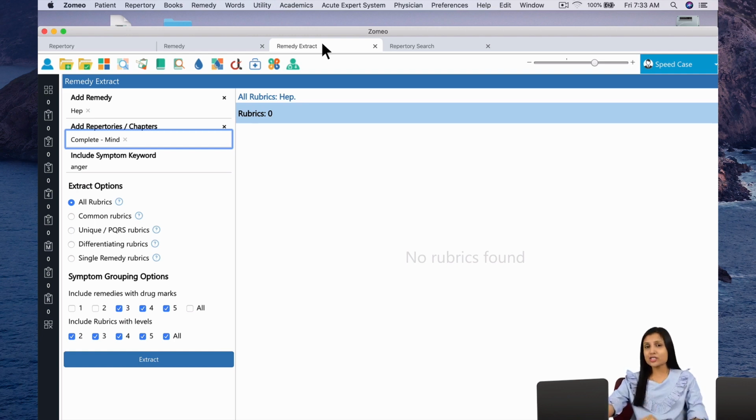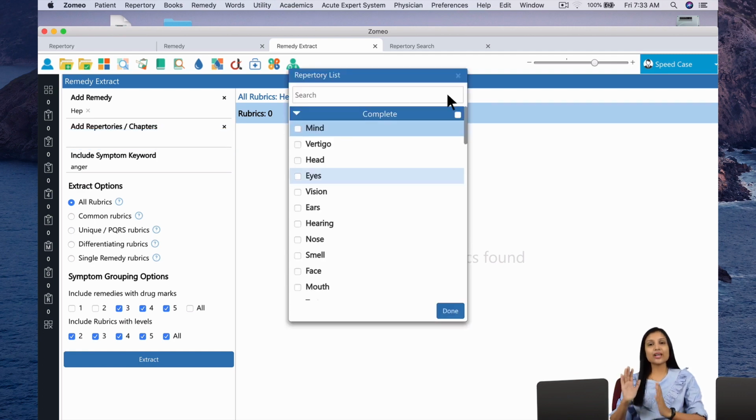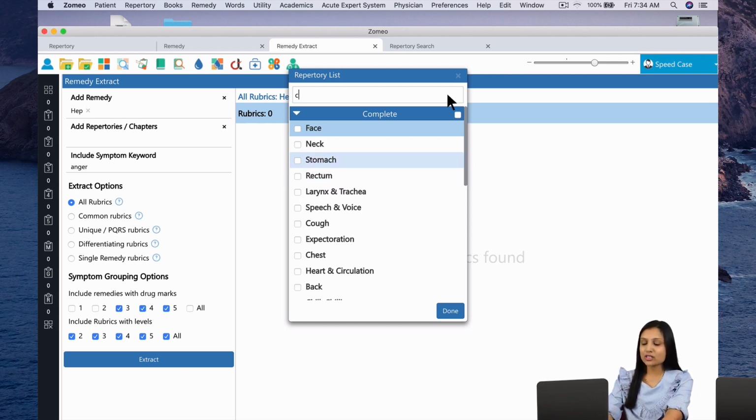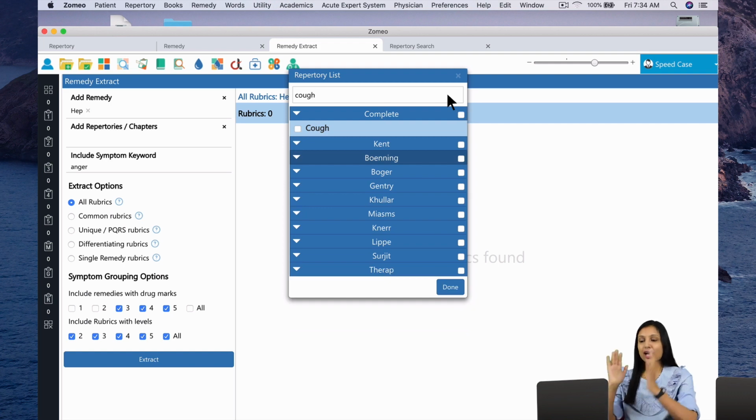So the very first step that we need to take is clear the chapter of the mind, and now we add the chapter of cough. To add the chapter of cough, just type in COUGH, and now you can see those repertories in which the chapter of cough is present.